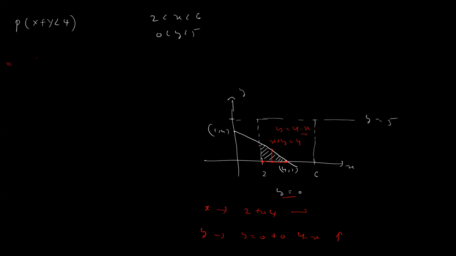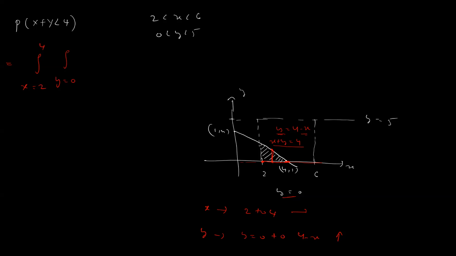So this portion will now be written with the x limit from 2 to 4, because anyway it is up to 4. Then your y limit will be from 0, which is the line y is equal to 0, to this particular curve. We have to go upward up to the curve. The curve is this straight line, x plus y is equal to 4.